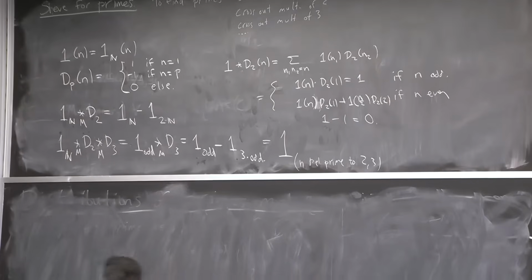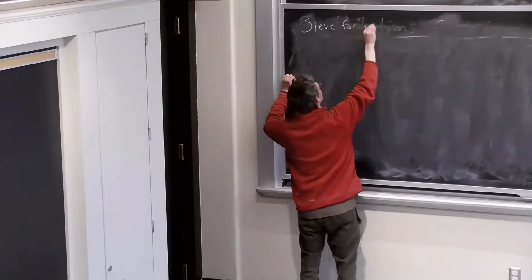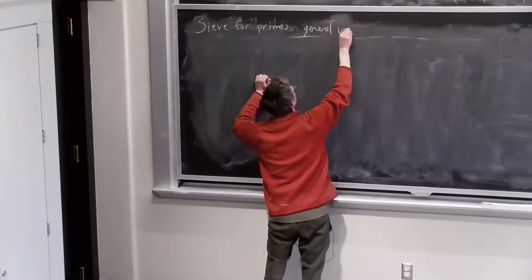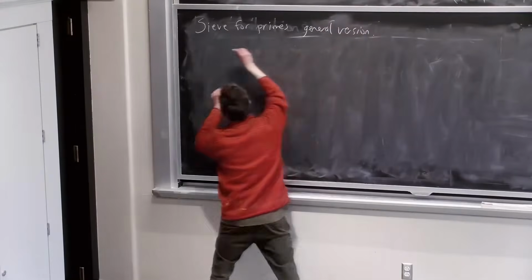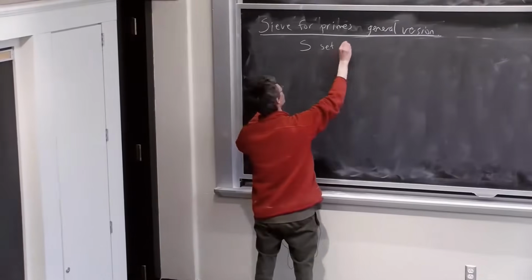All right. So we're going to do Sieve for primes, general version. So suppose that S is a set of primes.